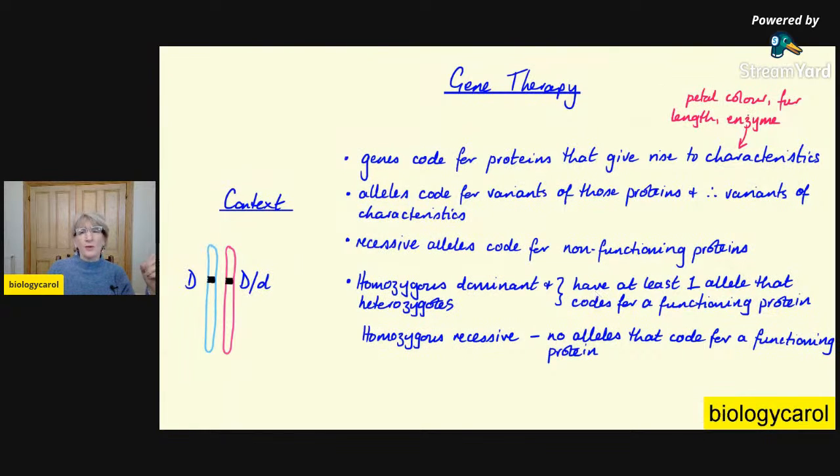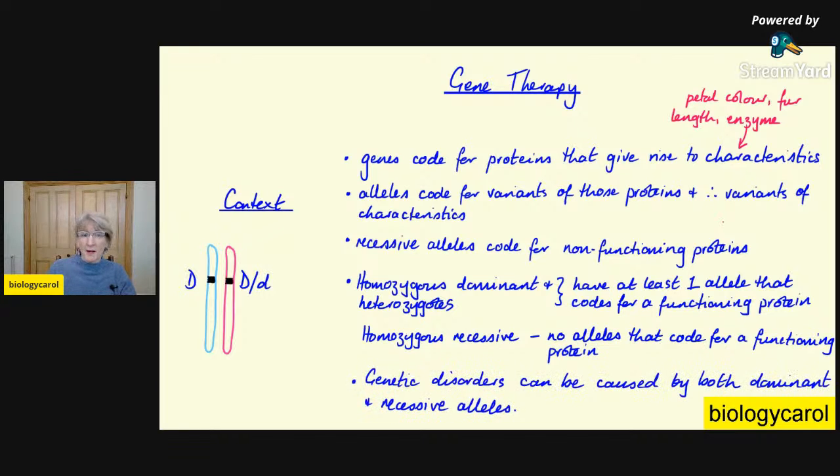So, for example, if there were no color proteins being produced, it might well mean that the petals ended up being white, not a particular color. If, for example, both enzyme alleles were recessive, quite possibly the enzyme wouldn't be working. And therefore, there might be particular symptoms shown in the individual because that protein might well be crucial to the normal functioning of their body.